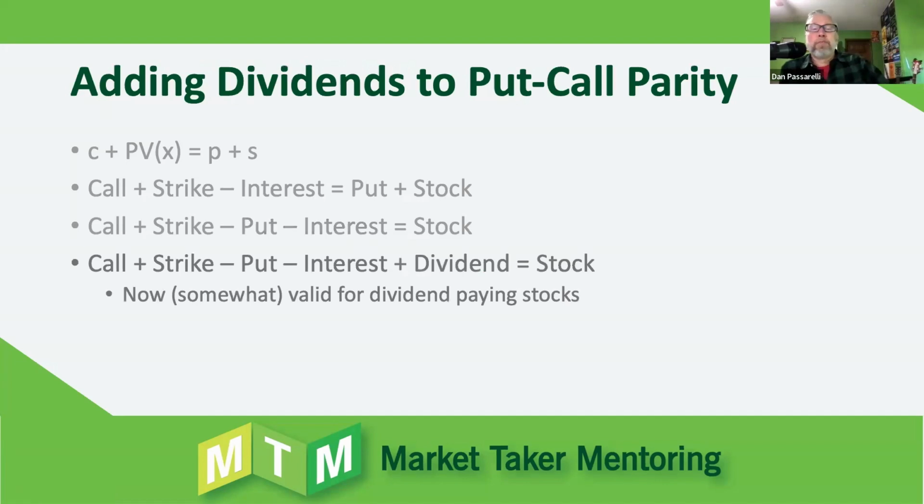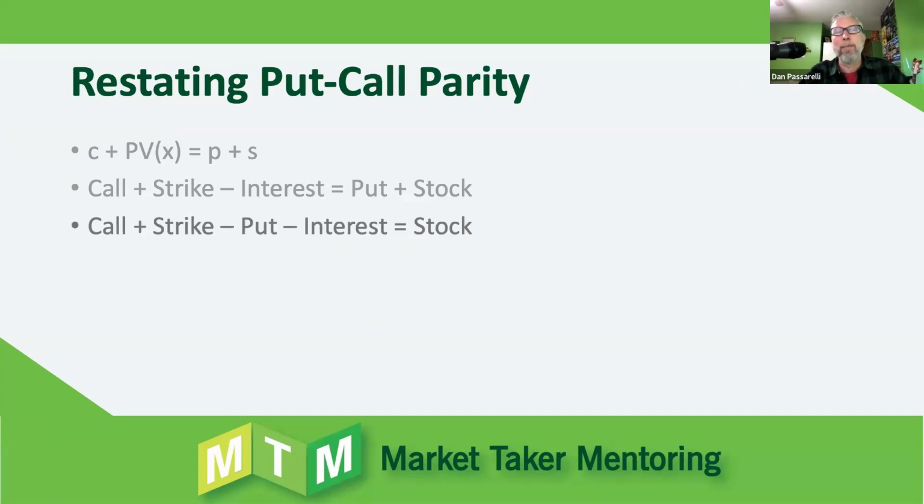Now we could also take into account dividends, right? Because if I own a call at a particular strike and I'm short a put at a particular strike, I take into account interest on all this. In fact, before we do that, let's back up and talk about this and take into account interest. Let's say we're talking about the 100 strike call and put, right? Remember, put call pair that both expire in a month.